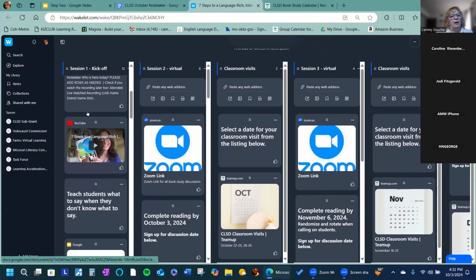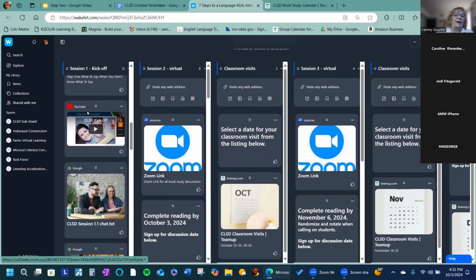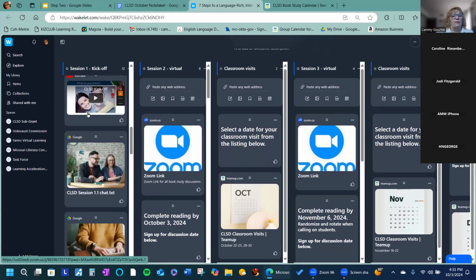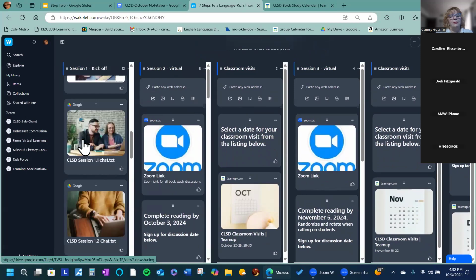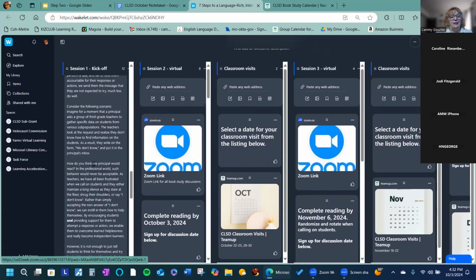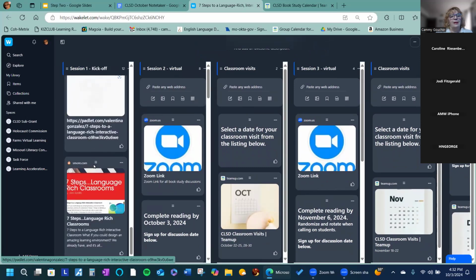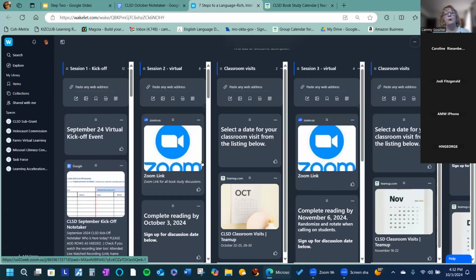Everything that we presented that day and all of the resources are available in that column. So I have a link. I even have a link to the recording if you want to go back and watch it again. The chat. So anything that was said in the chat is there. There's the chat from the second session, the independent reading that we did that day, and then some of the other activities or resources that I've provided for you.